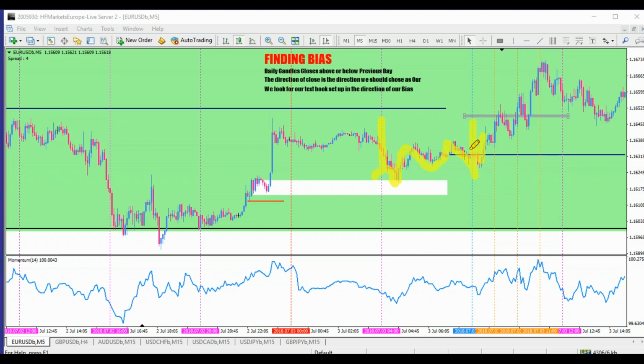So now, in the back of your mind, your bias is long anyway, because of the close above that high that we found here. We're able to find useful price action over here, put in our pending order there, and then trigger there. Okay, and we are going up.